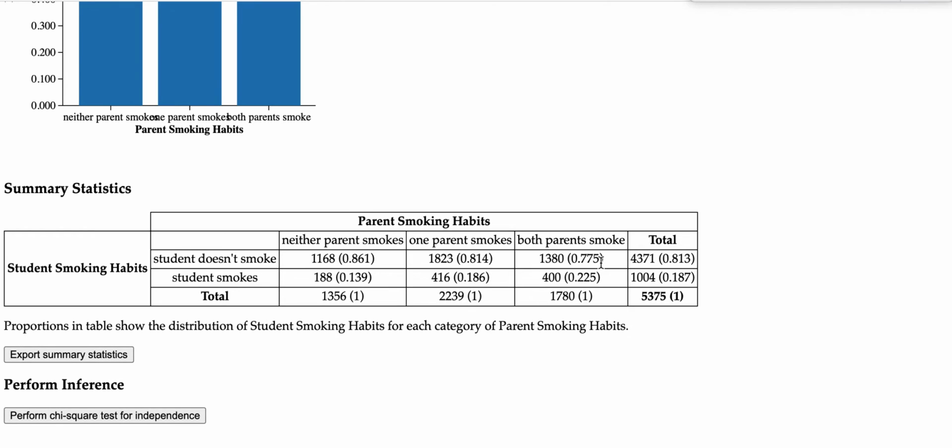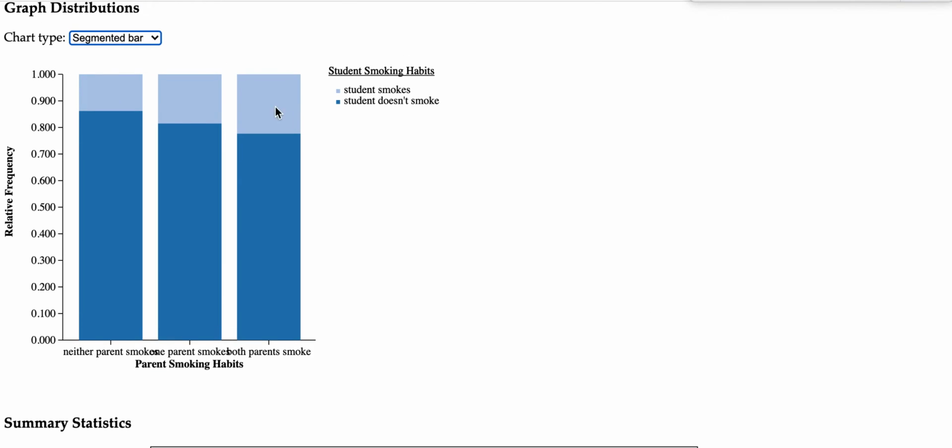And especially since we have such a large sample size here, that reduces the variability that we would see in some of the smaller sample size type studies. So even though these are similar, they're not similar enough for me to say that things are independent. Okay, you would want these percentages to be a lot closer.